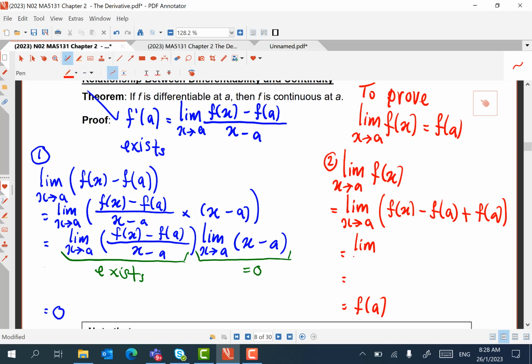Why can I break the two limits? Because I've proven earlier that this first limit exists, and we have even proven that this limit exists and is equal to a. f(a) is a finite value. Therefore, the limit of f(a) as x goes to a is still f(a).